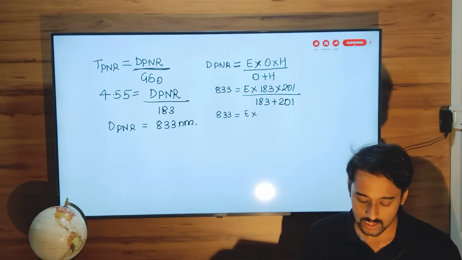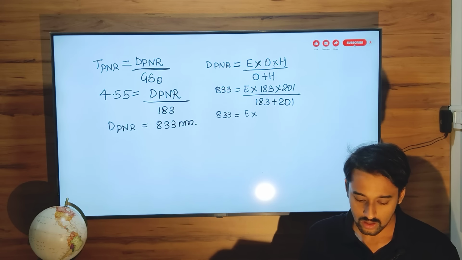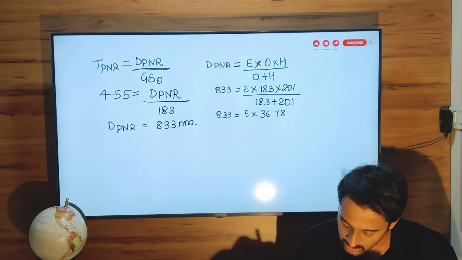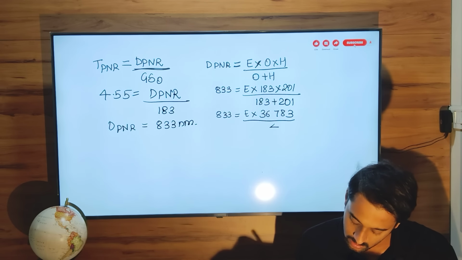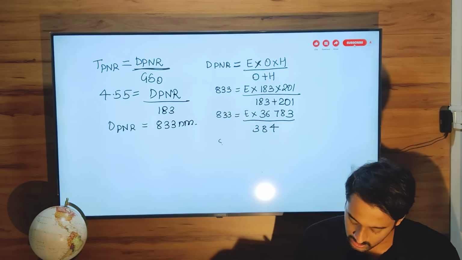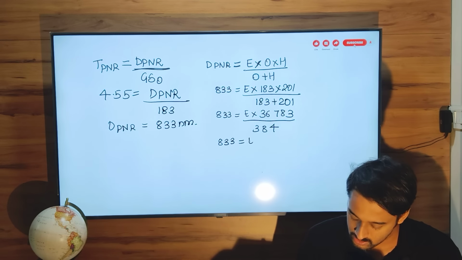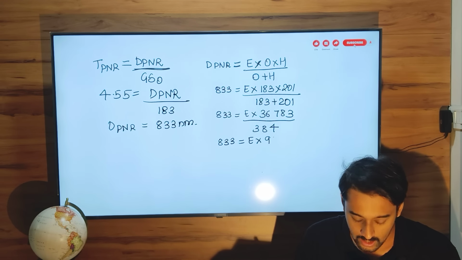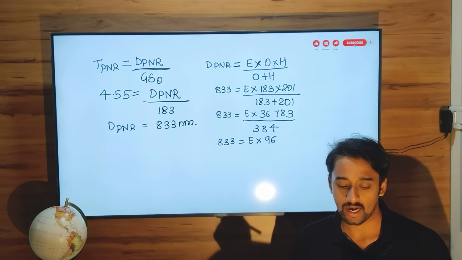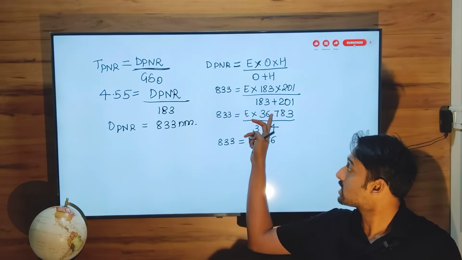183 into 201 is 36,783 divided by 384. 833 equals endurance into 96. Approximately 95.78 is the division of this.